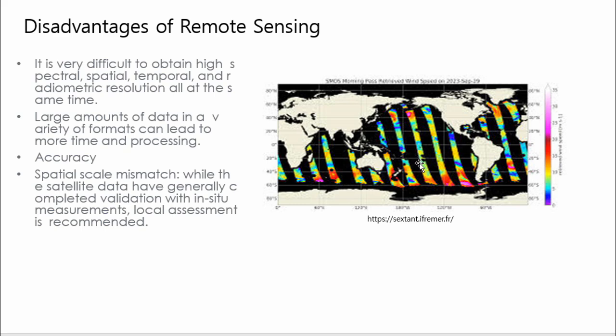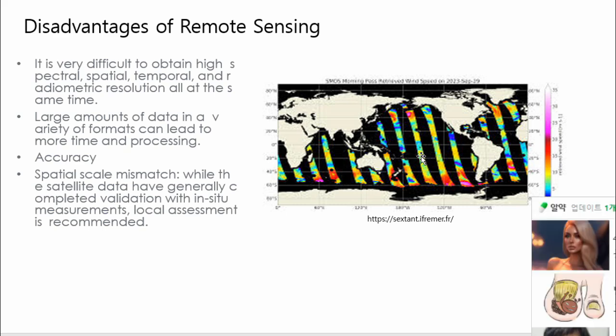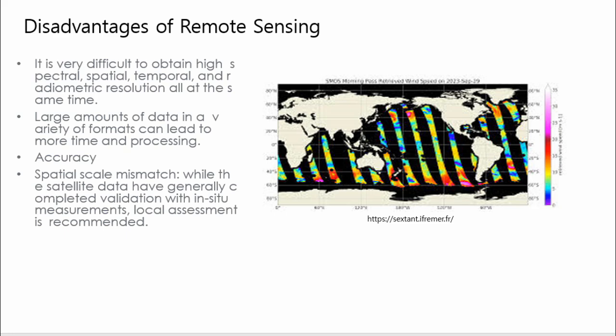So you have to wait 2 or 3 days to have the data for that pixel or time. Usually you have to combine several different data sets to increase the spatial and temporal resolutions.